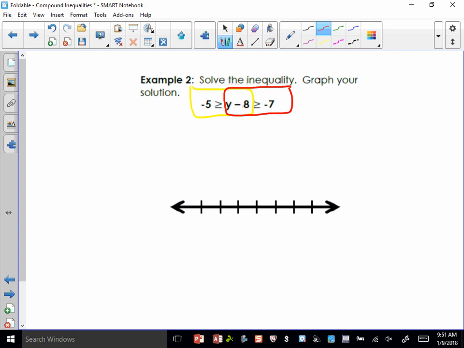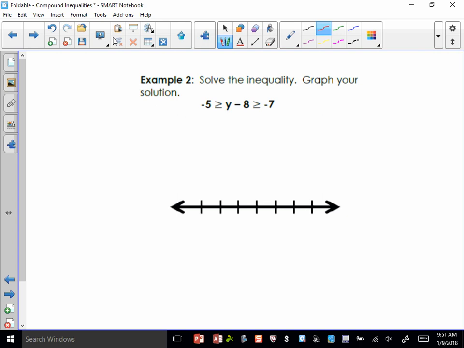But we're combining them together and we're going to solve it all at one time. So instead of separating it into two parts like the yellow and the red, we're going to solve it as one problem. When we do that, we still have to isolate the variable. We've got to get rid of that -8 that's in the middle. What is the opposite of -8? +8.